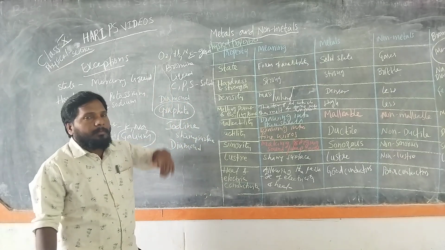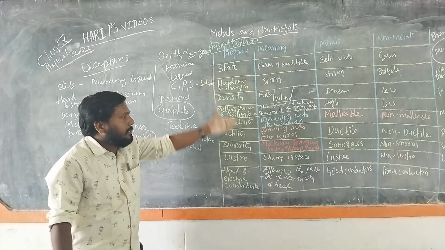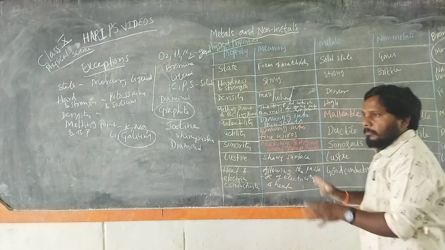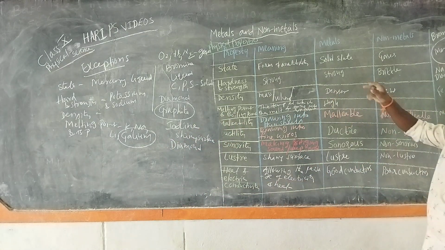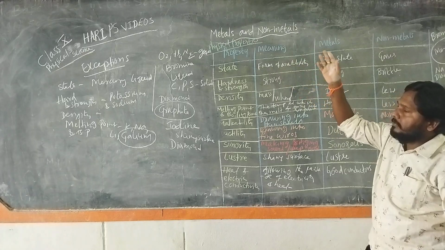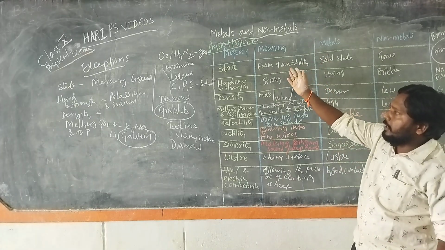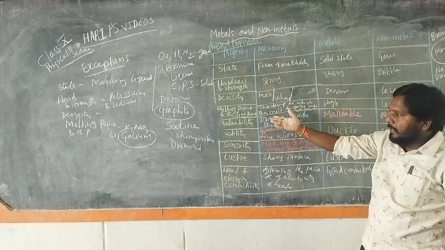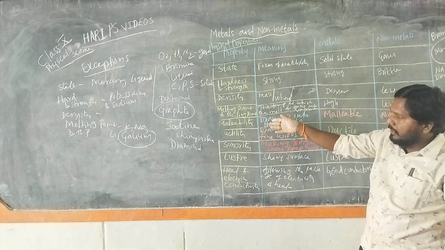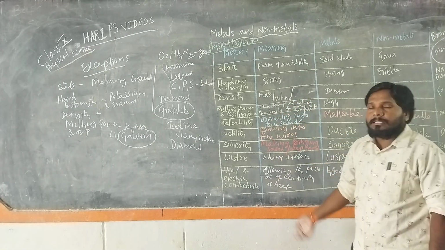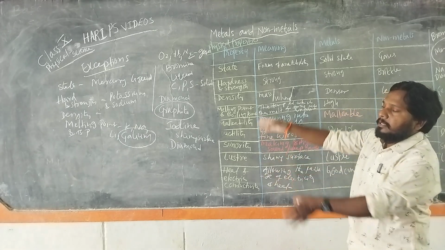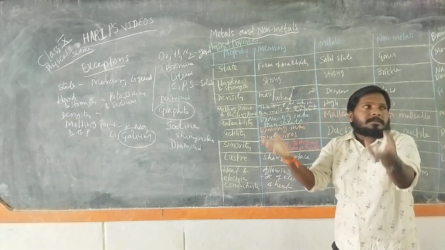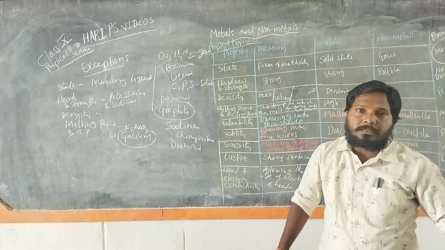Elements having all these properties we call metals. Elements that do not have these physical properties are considered non-metals.